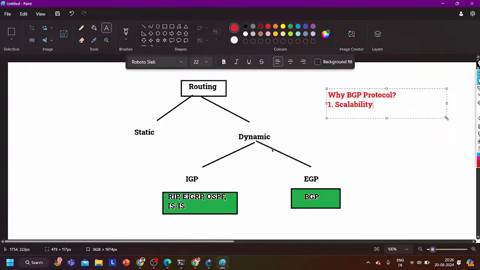But guys, in real time, I have seen 9 lakh prefixes in the routing table of a router, 10 lakh prefixes in the routing table of a router, on the internet, on the service provider network. In that scenario, your IGP protocol will fail. An IGP protocol will work smoothly with 1000 prefixes only. It cannot manage millions of prefixes. And on the internet, there are millions of prefixes, right?